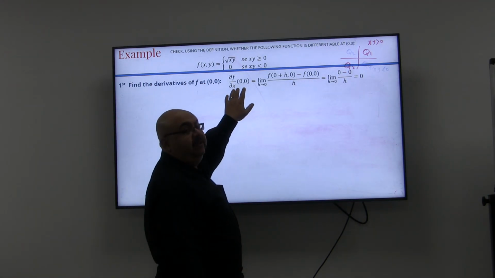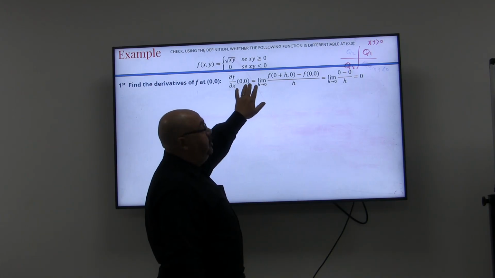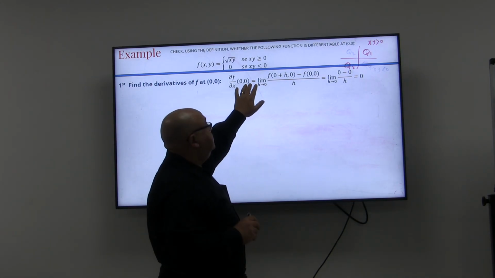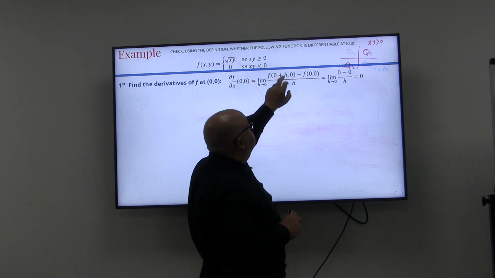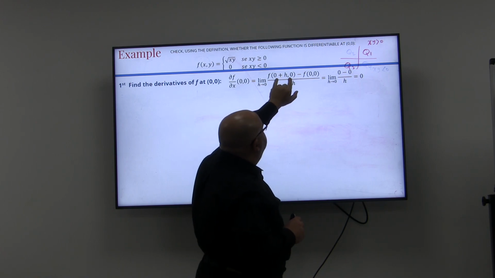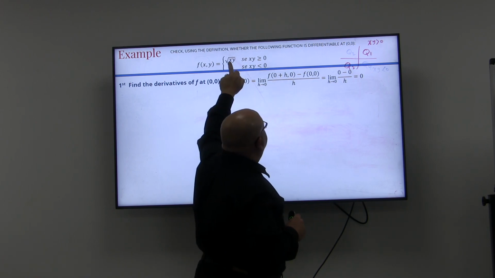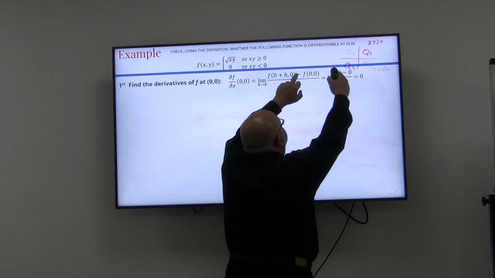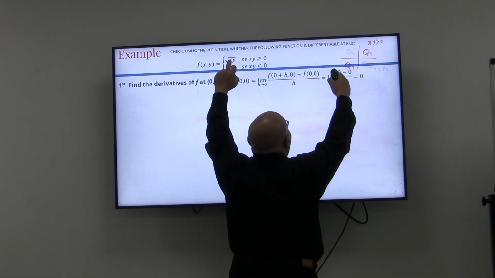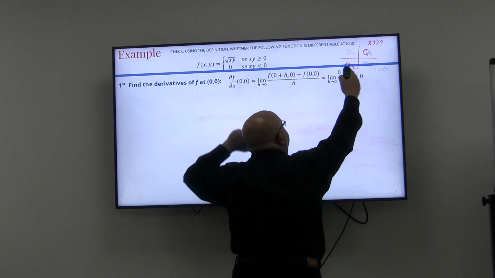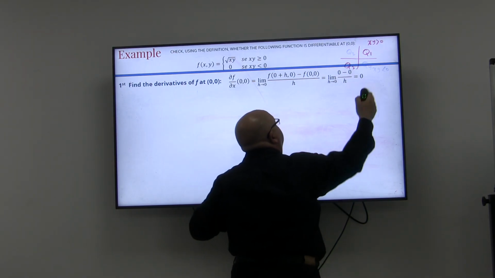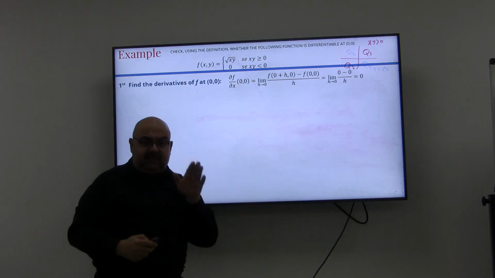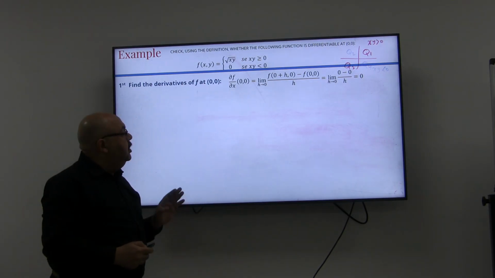That's the partial derivative of f at the origin in the direction of x, which is going to be f of 0 plus h and 0. If you substitute these values in the root of xy, it's going to be the root of h times 0, which is 0. So the function is 0. And minus f of 0 and 0, the same definition, which is going to be 0.